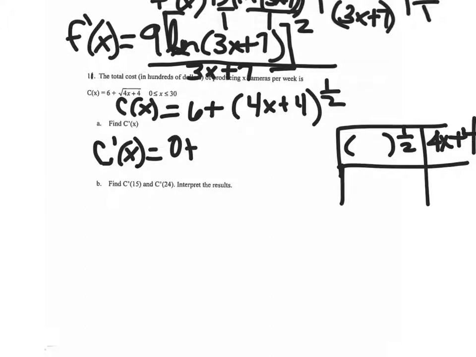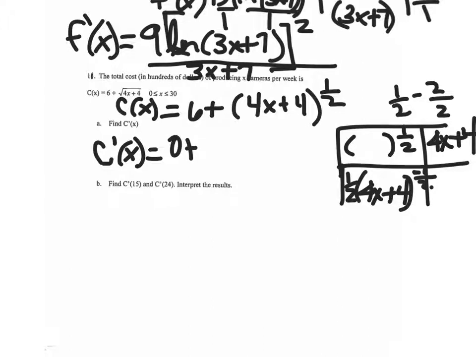Something to the 1/2 becomes 1/2, to the, what's going to be my new exponent? Negative. Good, because I have to do 1/2 minus 2 over 2. I'm subtracting 1 from it. So I'm going to get a negative 1/2 for my new exponent, and that 4x plus 4 is inside the parentheses. And now differentiate the 4x plus 4.